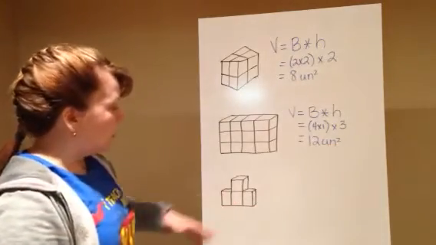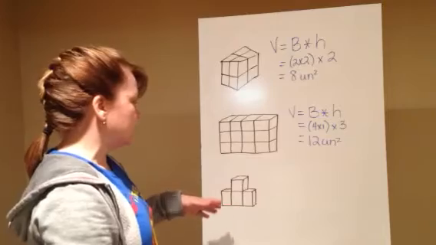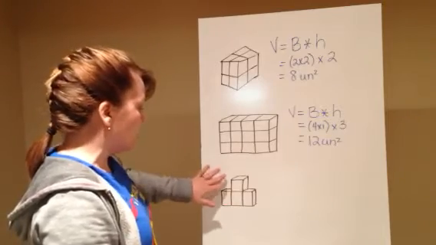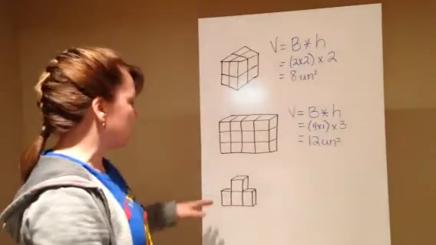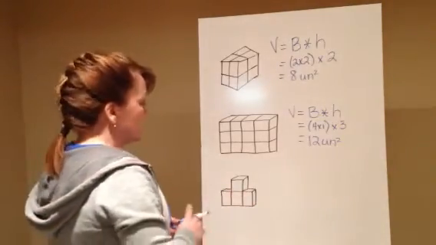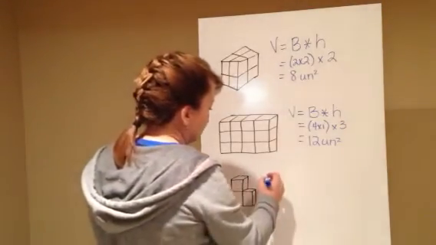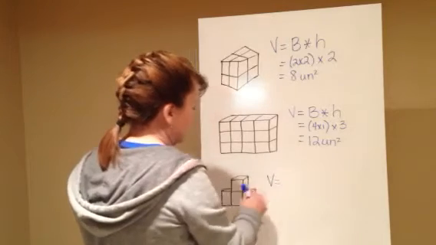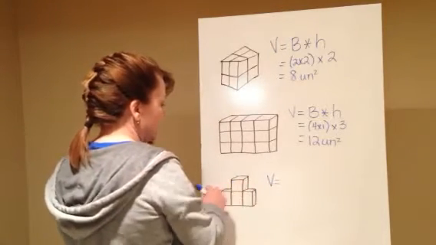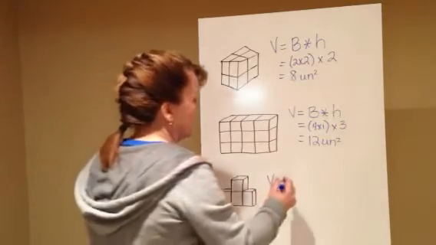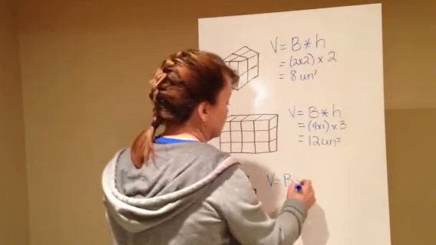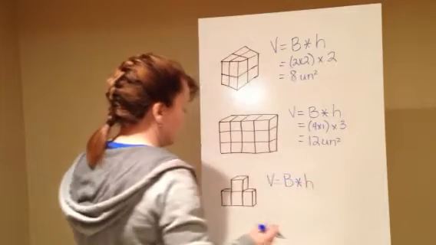Now, you're going to have some shapes that look like this that are not all the way filled in. So can I do that? Well, for this one, I could try to use my formula, but I have some cubes missing. So for this instance, I might just have to count my cubes.